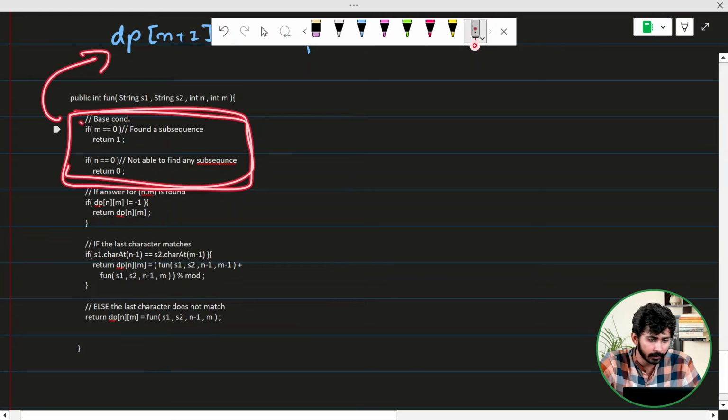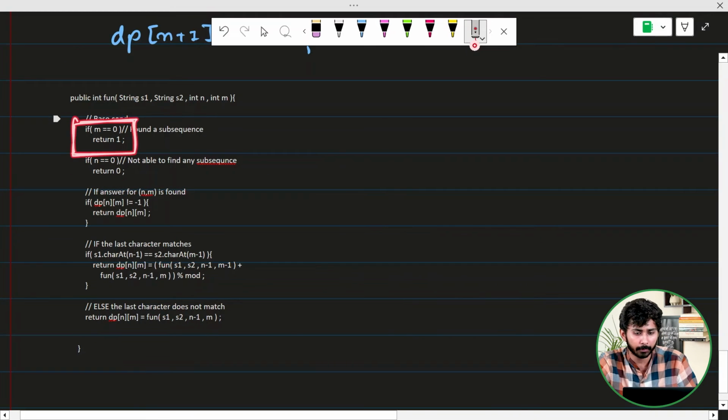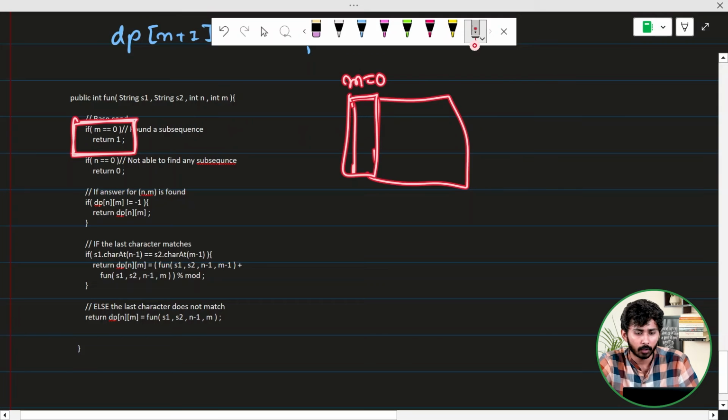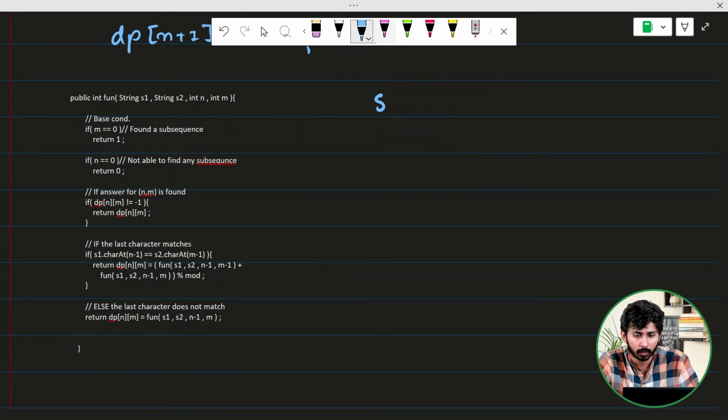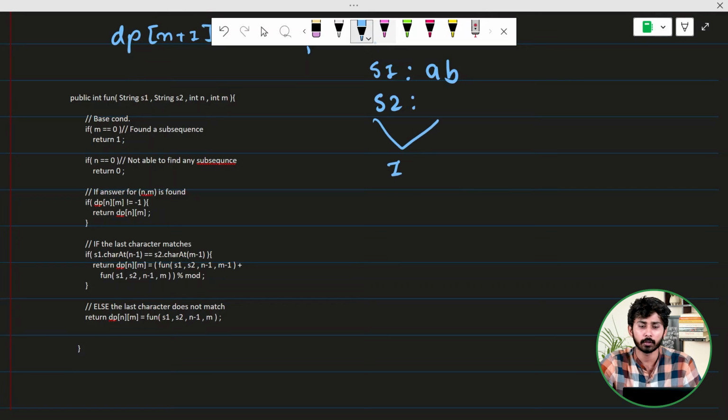So base condition is saying that when m equals 0, that means when your column m equals 0 over here, all the values will be 1. So that means it is saying that when you have s2 that is empty, when you have s1 equals ab, something like this, which is non-empty or empty, at that time you have found one subsequence.